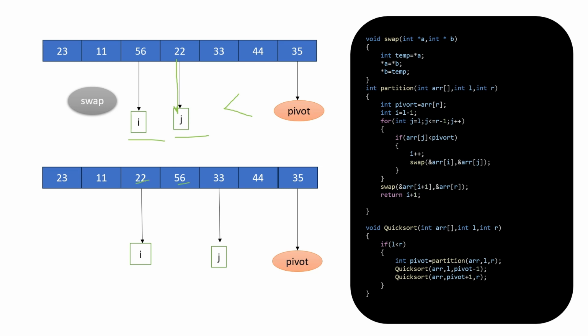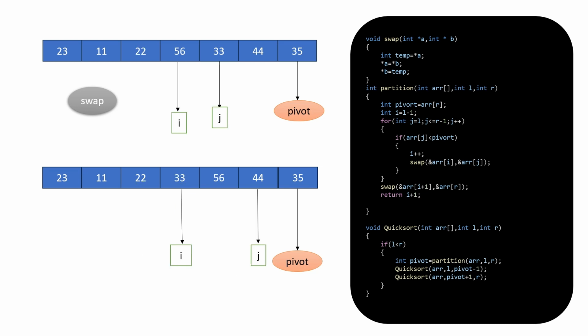Then we increment j by 1, and now our j will be at the 33, and we find that our jth element is smaller than our pivot. So we simply increment our i, and then we swap the ith value with the j. Let's move. So again we swap the values, and we find that our 33 is here.